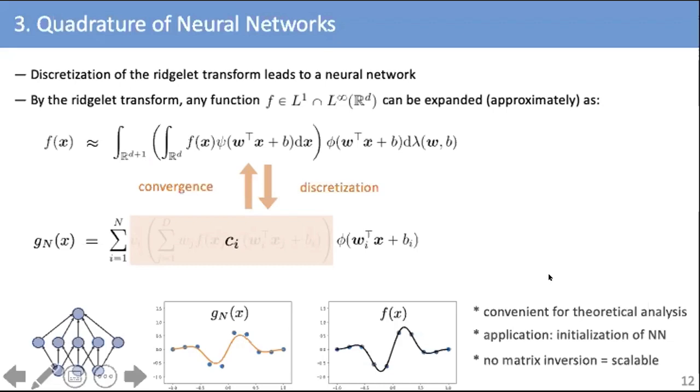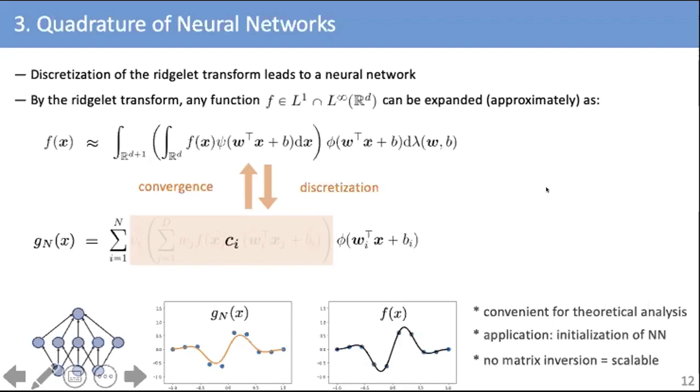And the second application is the initialization of neural network parameters. When we train our own neural network, we usually use backpropagation. And to perform backpropagation, we need to initialize all parameters of the neural network in advance. If we use this construction to initialize our neural networks, it guarantees that the initial state of the neural network is already close to some target function f.